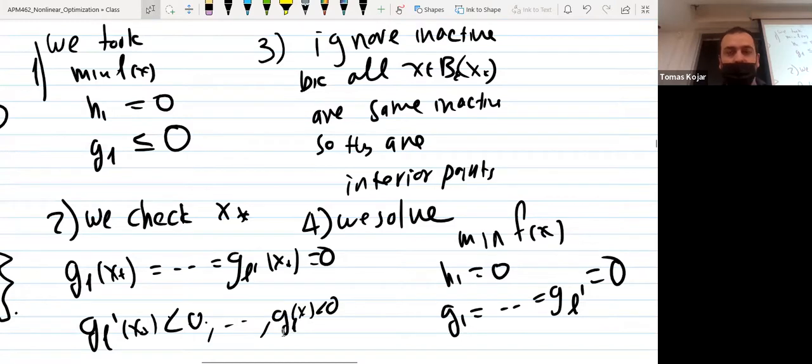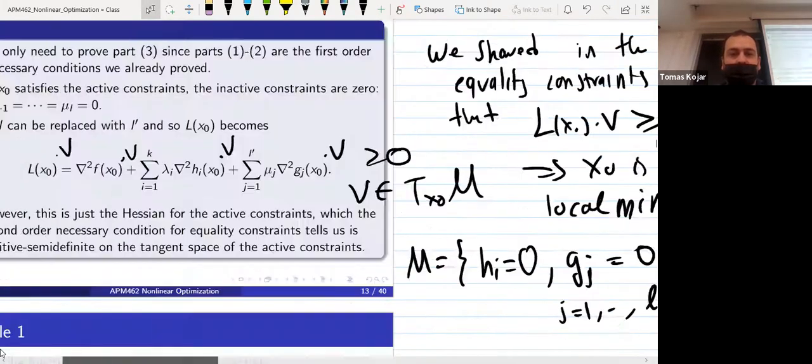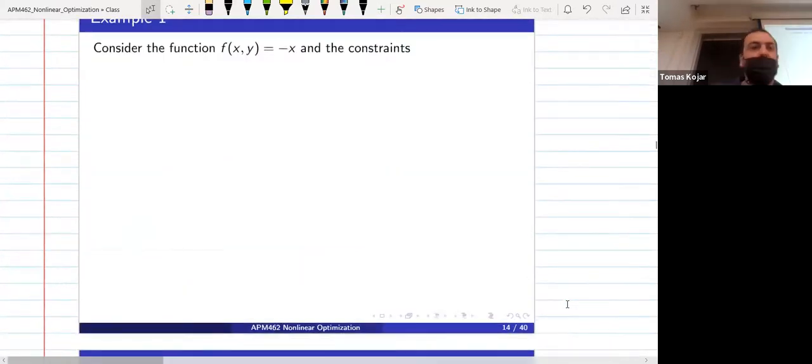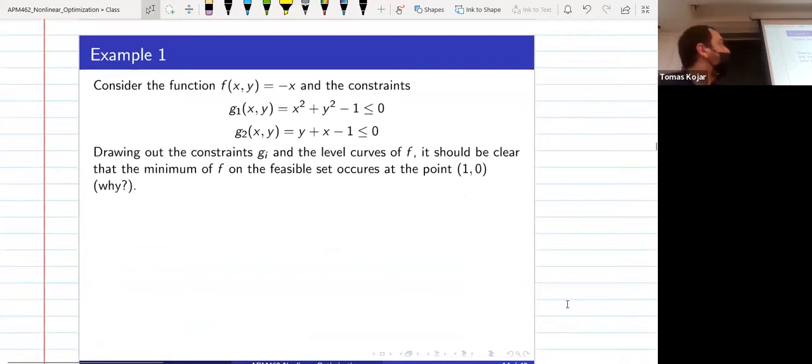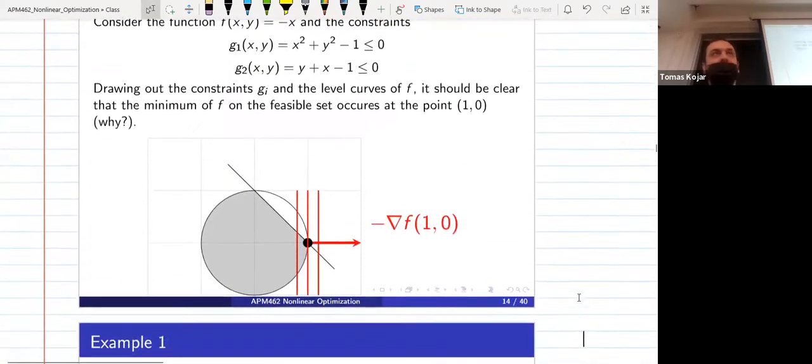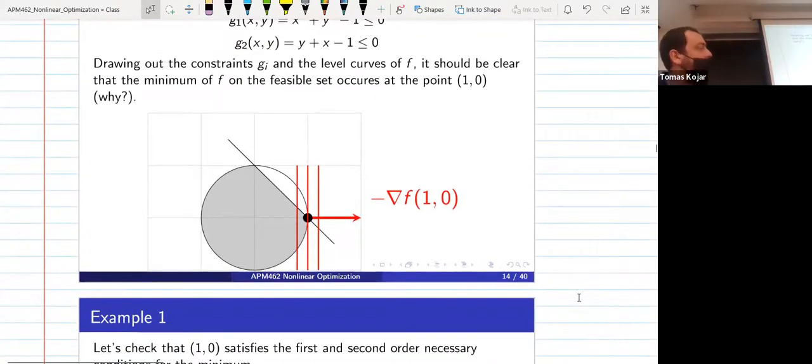Okay, so now let's do examples to help you put some numbers to your head. All right. Minimize minus x, and here are the constraints: the unit circle and the line. So here's a picture. This is the unit circle.